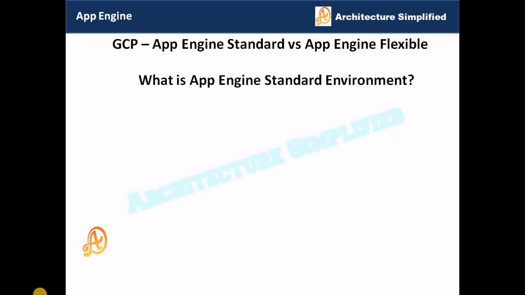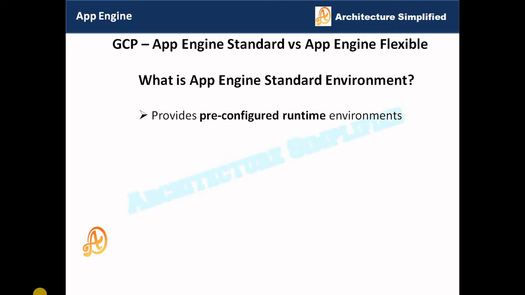Now let's understand what is App Engine Standard Environment. It provides you pre-configured runtime environments. What is runtime? In order to build and run your application, you need a runtime environment for the application language in which you are developing your application.